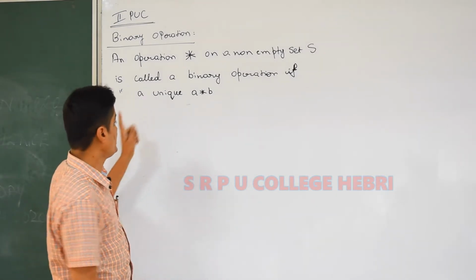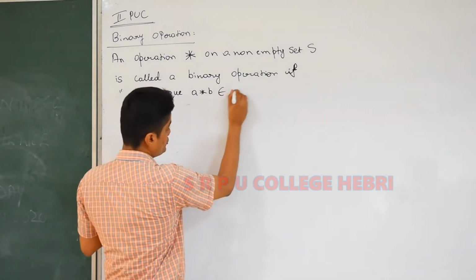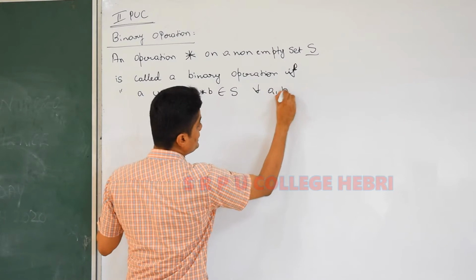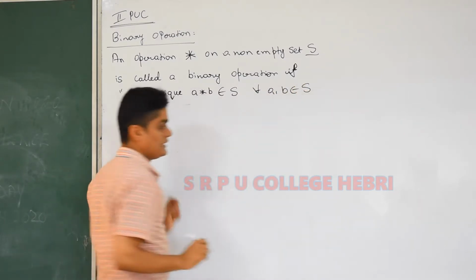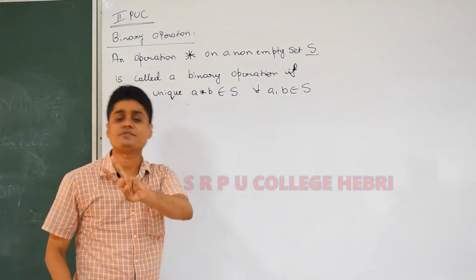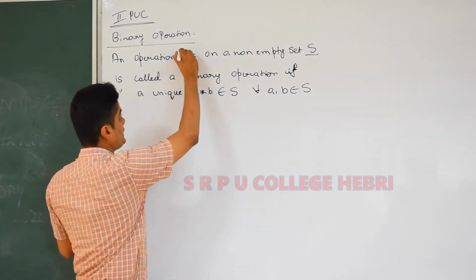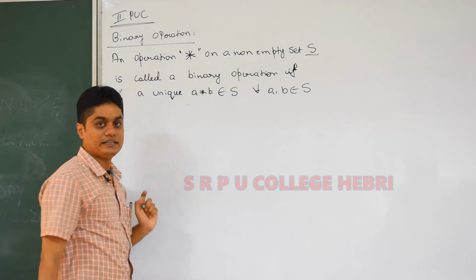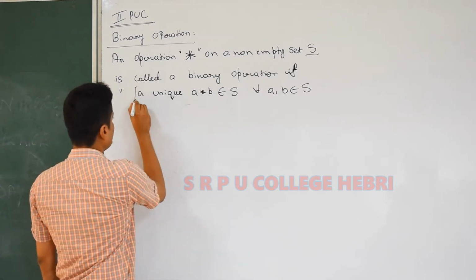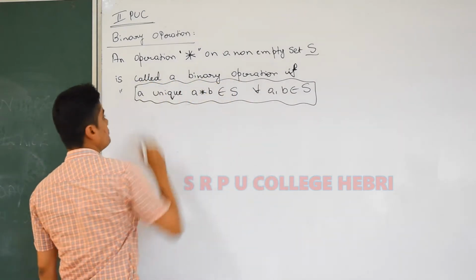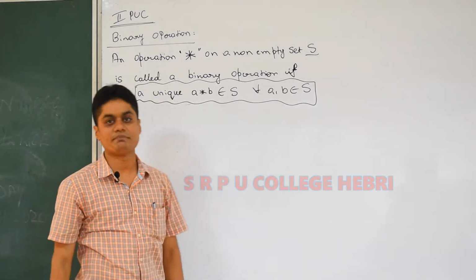That means you take any two elements from the non-empty set S and apply this operation, then it must satisfy this condition: a unique A star B belongs to S for all A, B belongs to S.